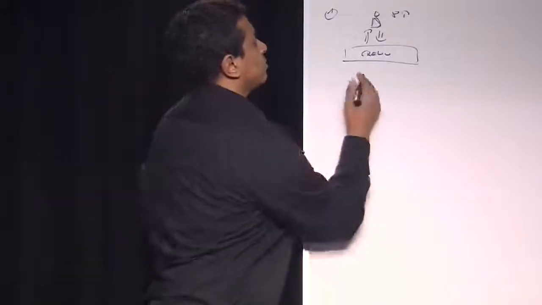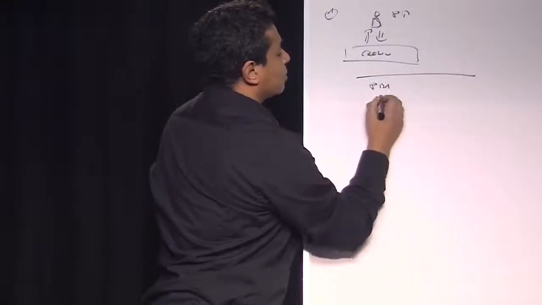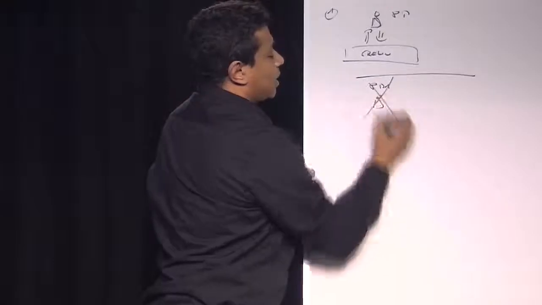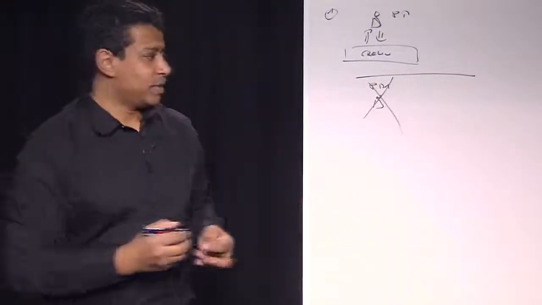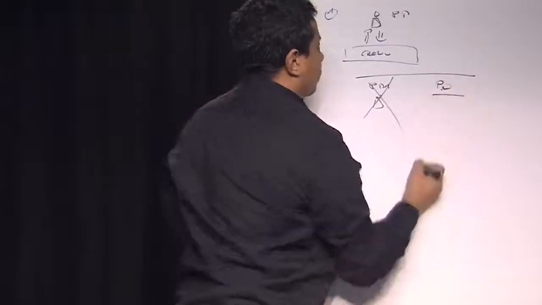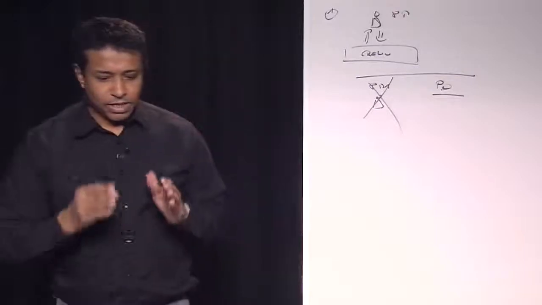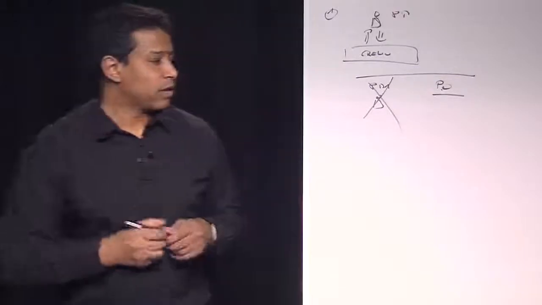In Agile, the project manager, he doesn't exist. You got the product owner. What is the difference with the product owner? The product owner is just here to say one thing.